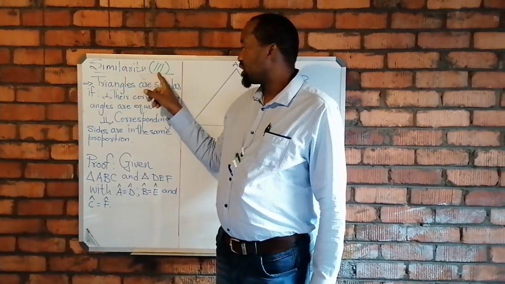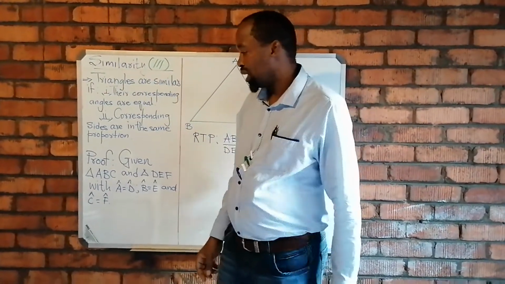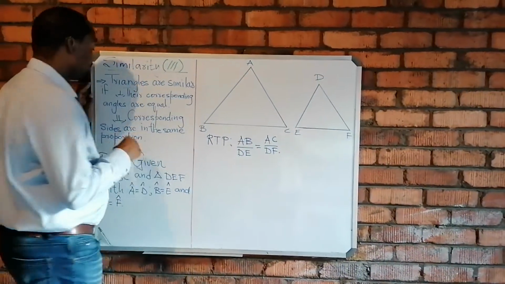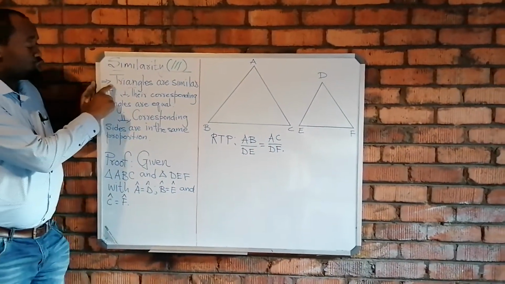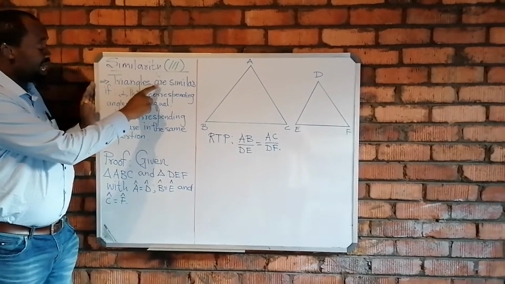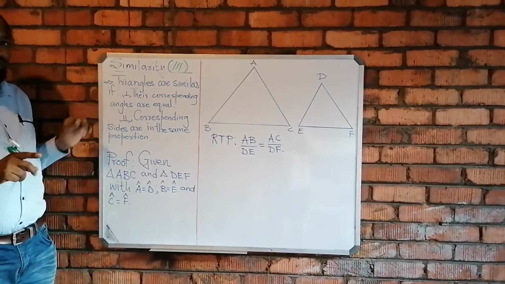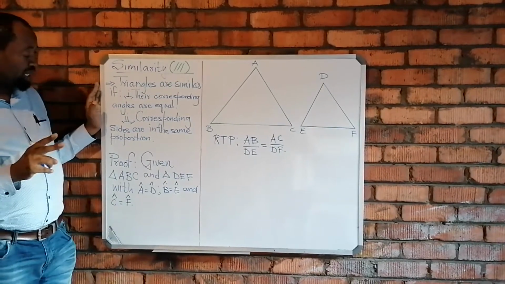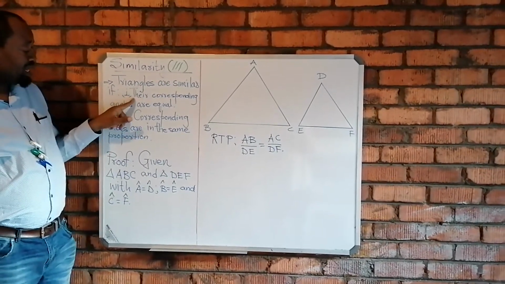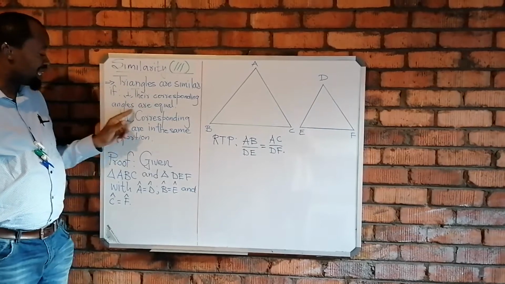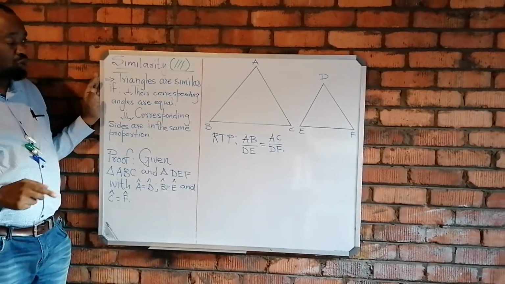Similarity, which is denoted by this symbol. Two triangles or more are similar if they meet two conditions. One, their corresponding angles must be equal.